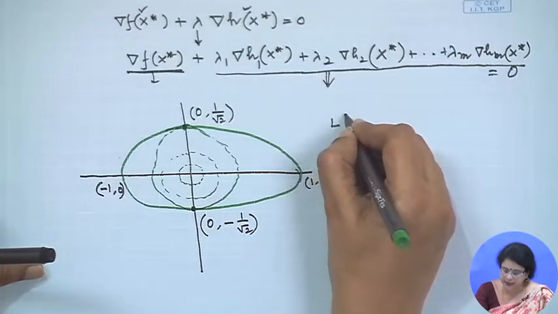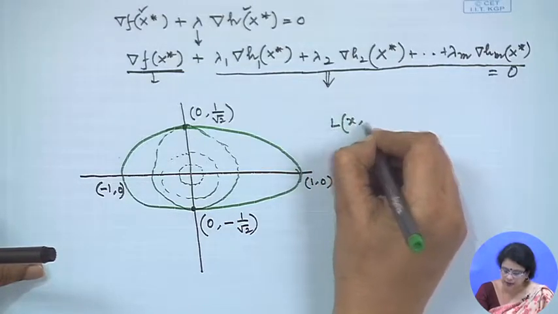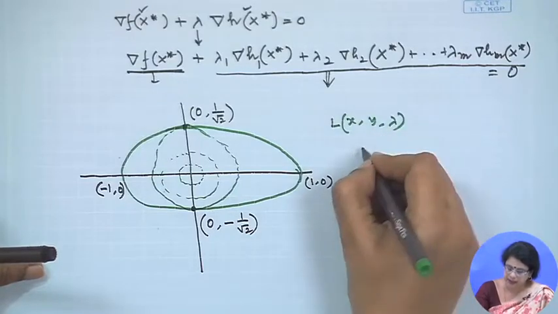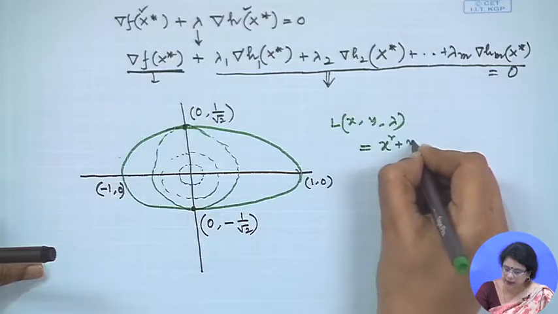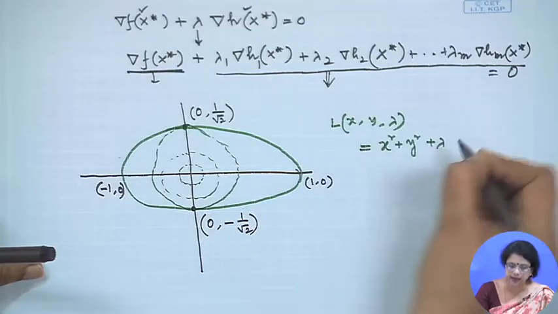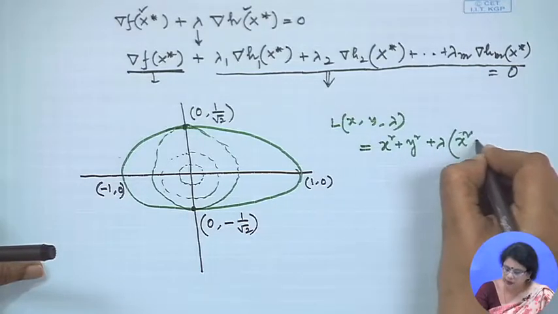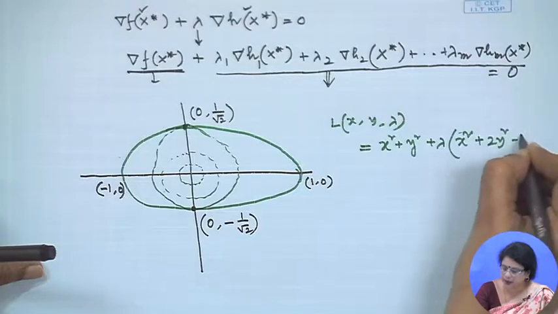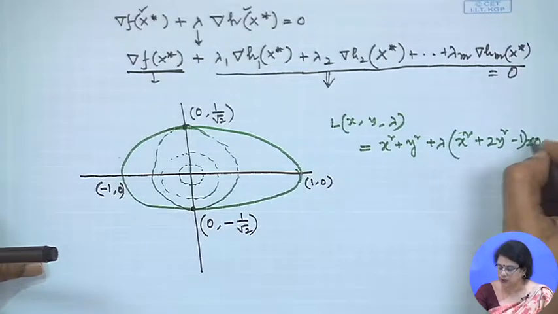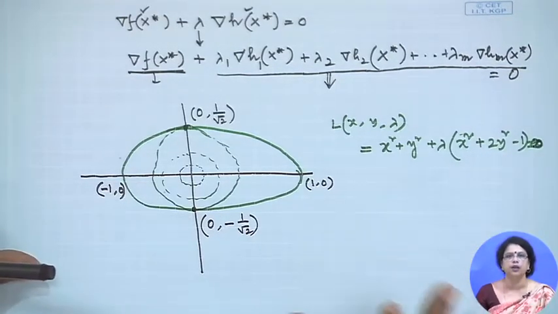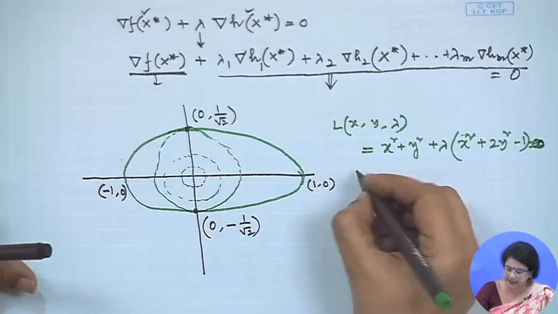That is why let us introduce the Lagrange function L(x, y, lambda) equal to x square plus y square plus lambda into (x square plus 2y square minus 1). What is the first order necessary condition?